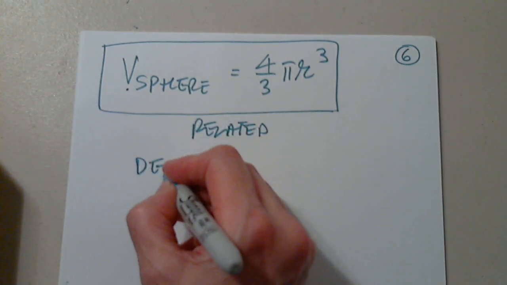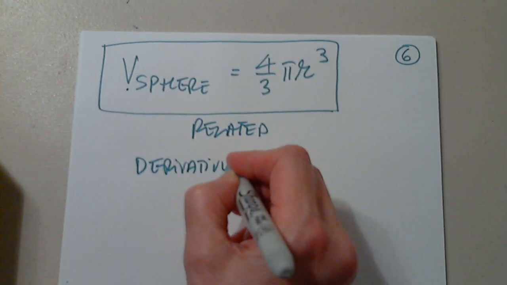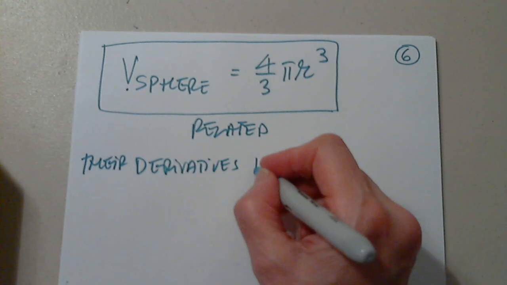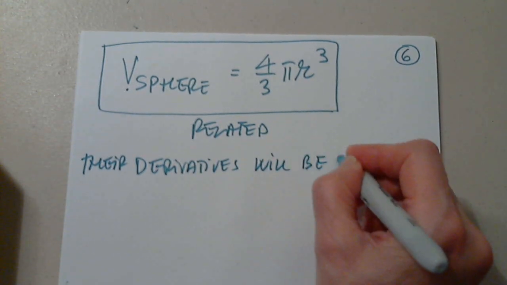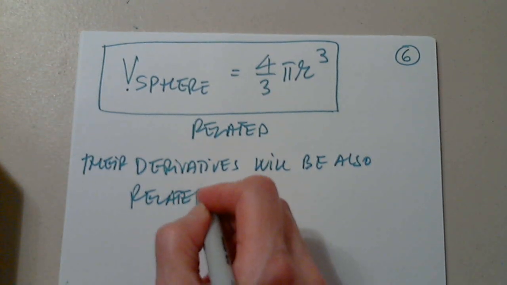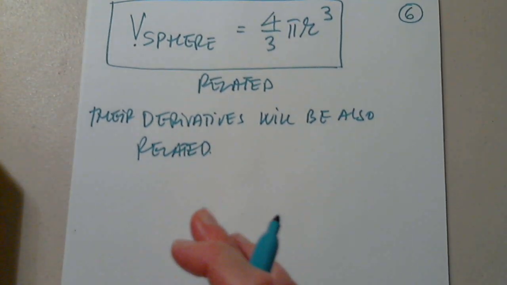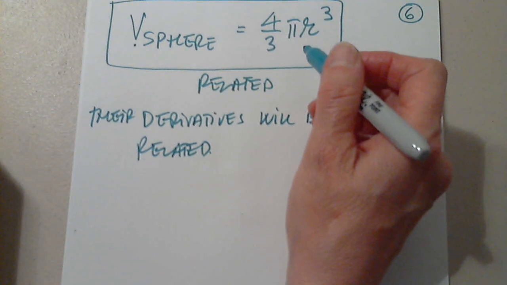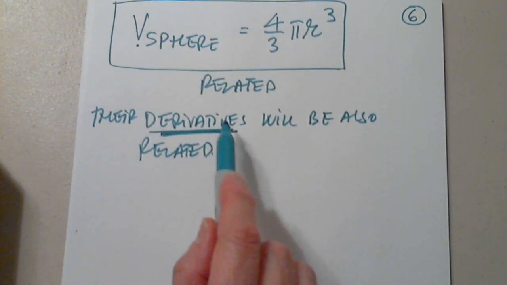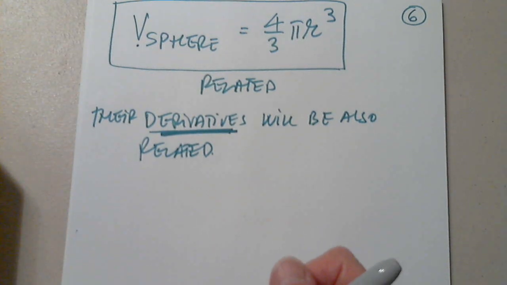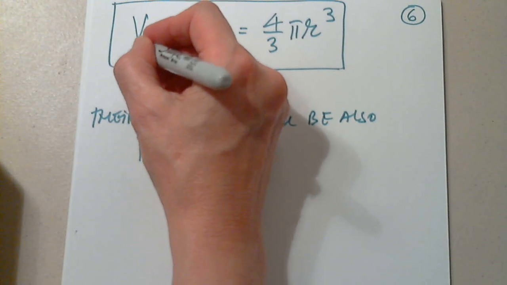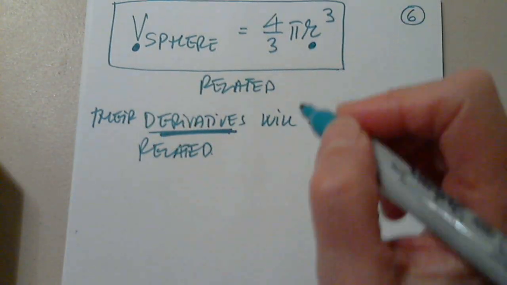Their derivatives will also be related by an equation. Because there is a relationship between two functions, their derivatives will also be related by a different equation. Let's try it. So this is a function of time. This is a function of time.